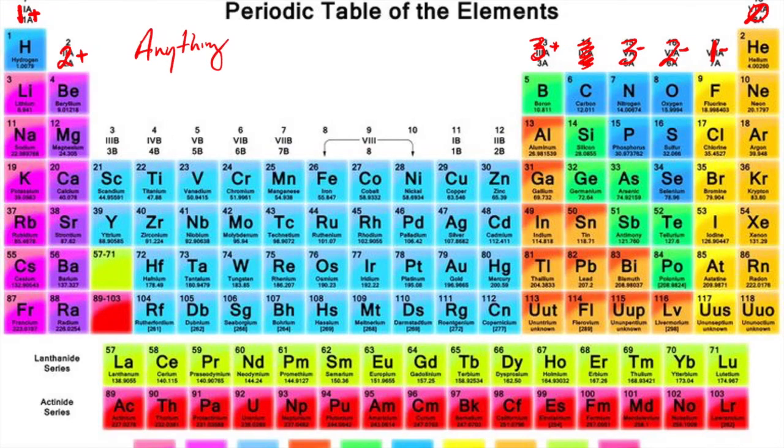So anything positive has lost electrons. Remember, every time you lose, you become positive, a bit of an opposite type of thinking there. So 2 plus, like for beryllium or magnesium, means 2 electrons were lost out of the outermost energy level.